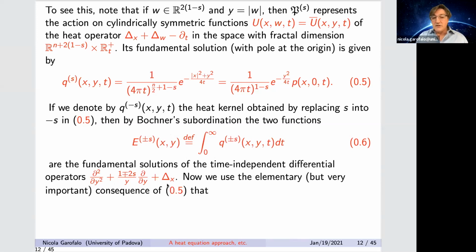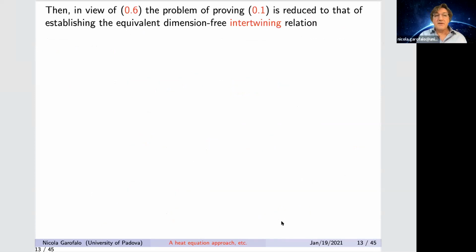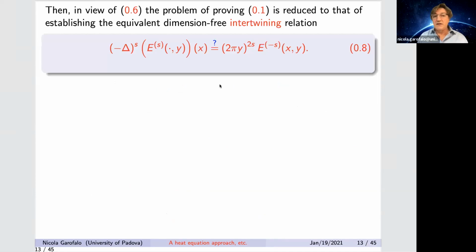So now we use the elementary but very important consequence of 0.5 that says that we compute explicitly this integral, and it's given by this formula here. So this is just an elementary computation. And then in view of this, the problem of proving 0.1 is reduced to that of establishing the equivalent dimension-free intertwining relation: minus Laplacian to the s of E^s equals this normalizing factor times E^{-s}.